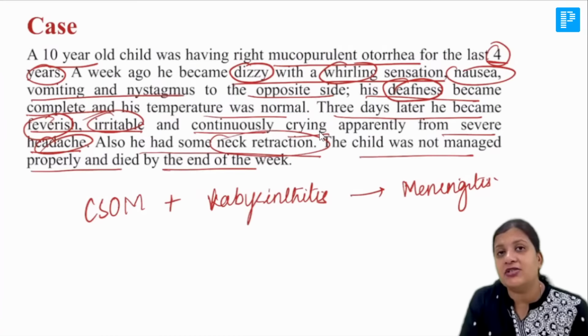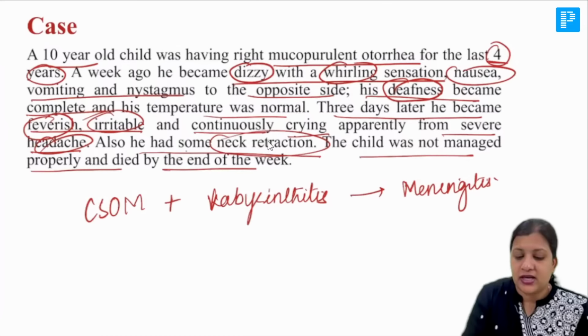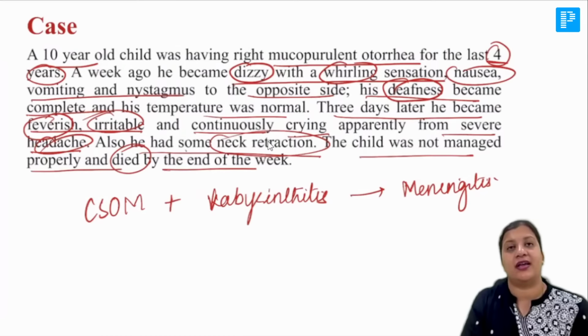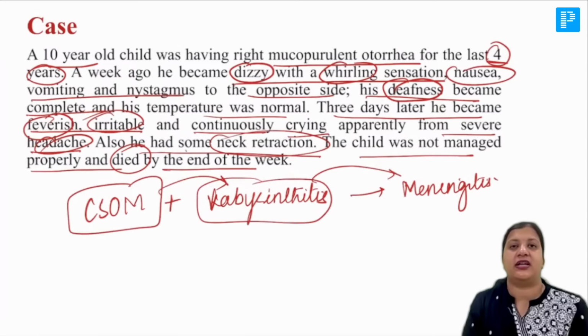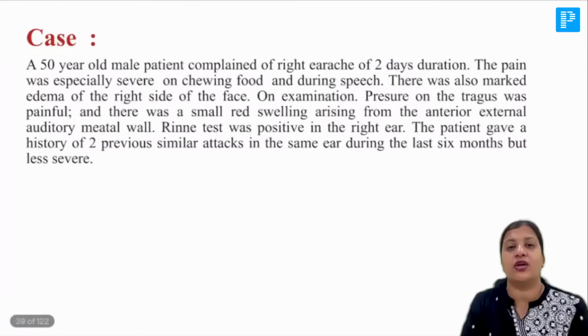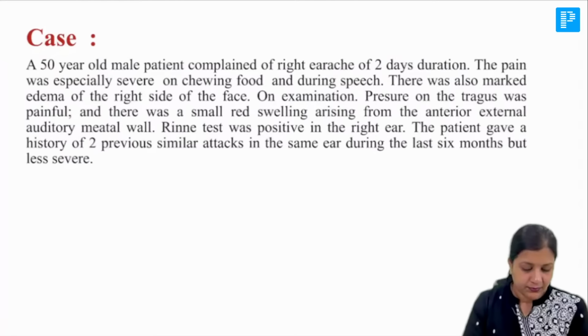If you don't manage meningitis well, can the child die by the end of the week? Yes. So this is a scenario where a patient is having CSOM progressing to labyrinthitis and from there to meningitis. So this is how you should be able to localize what symptoms are given to you in the exam. So similarly, do this for the next case scenario.